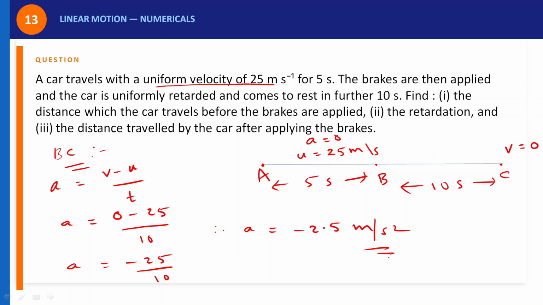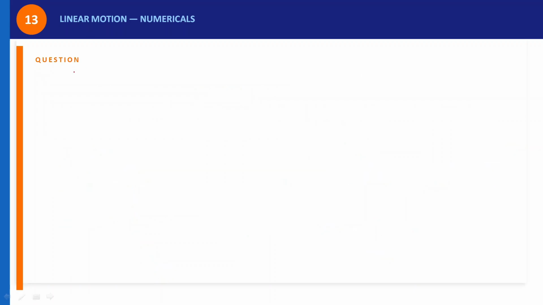Let's see what is the distance traveled by the car with the uniform velocity, or before applying the brakes. I mean A to B. A to B case. The velocity here is uniform, it is 25 meter per second, and the time is 5 seconds.